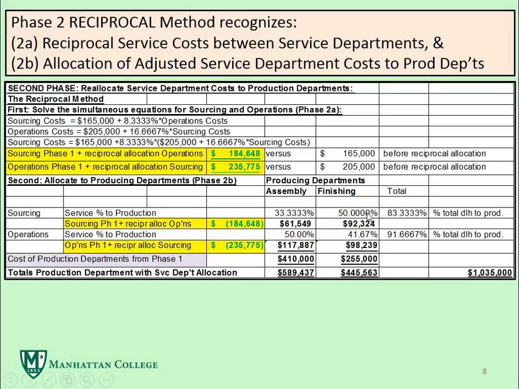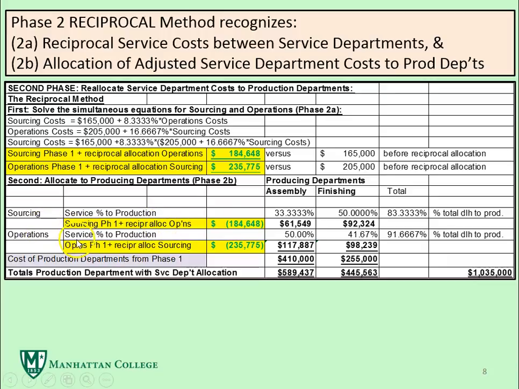Because the operations allocation is taken care of in step 1, we can just multiply sourcing plus reciprocal allocation of operations times the percent of direct labor hours. $184,648 times 33.3333%. For the finishing department, take the same number, $184,648 times 50% of the cost. That gives you $92,324.